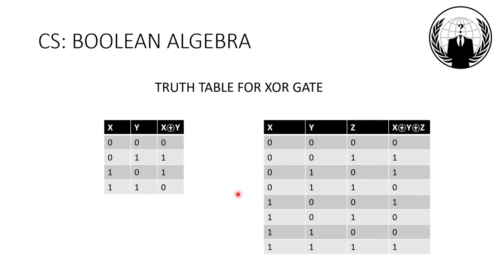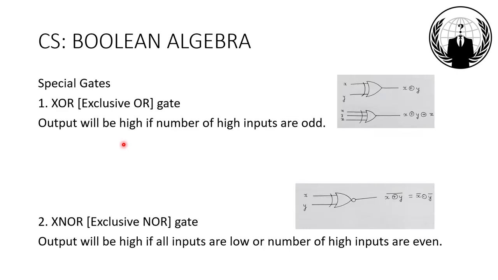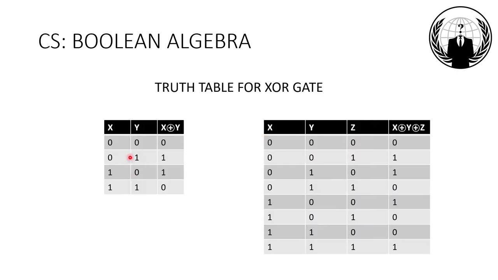So here is the truth table for XOR gate, in this case for 2 variables and 3 variables. As we have seen, the output will be high if the number of high inputs is odd. In this case, the number of high inputs is odd, so that's why.